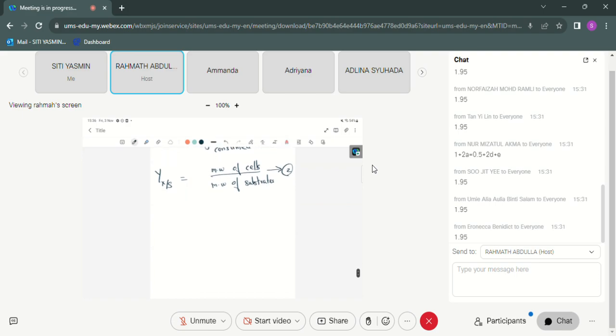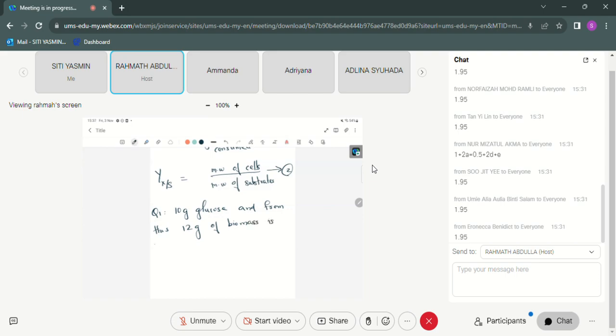Now question number one. You need to write it down, because I'm not going to give you the question in written format, but I'll be explaining it, so you can just write it down. You're given 10 grams of glucose, and from this around 12 grams of biomass is produced.